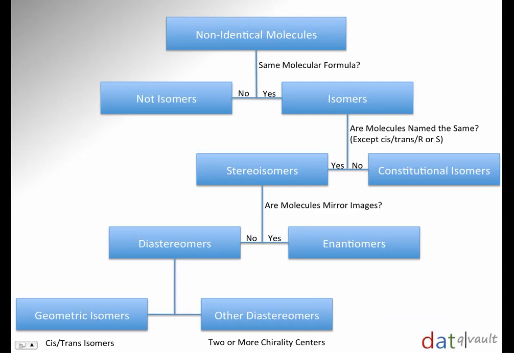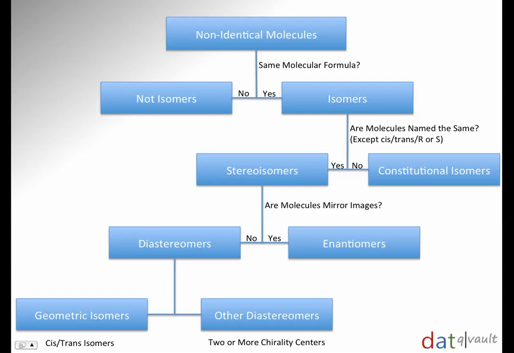If they have an R or S or a cis or a trans out in front of it, then they must be stereoisomers of each other. Remember, constitutional isomers also have different connectivity, so they're going to have completely different names from one another. If the molecules are mirror images of each other, then they're enantiomers. If the two molecules being compared are not mirror images, but they have the same connectivity, then they're diastereomers of one another.